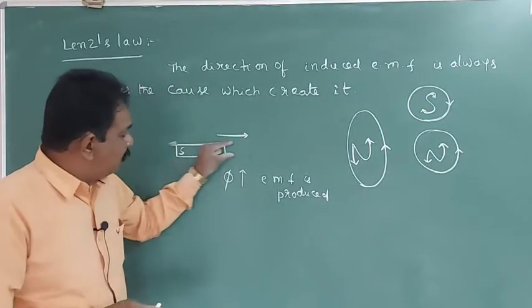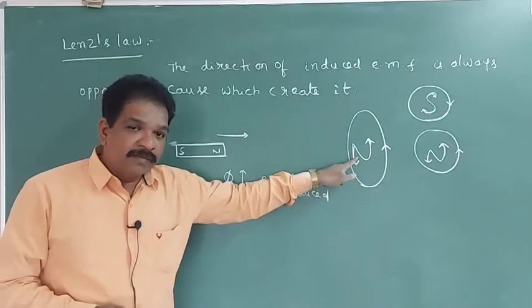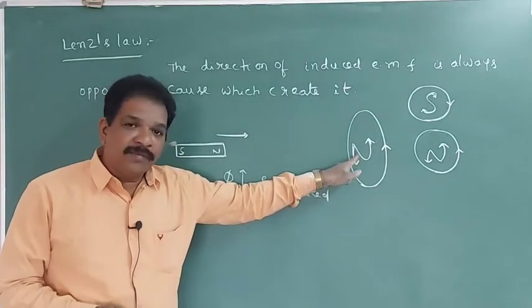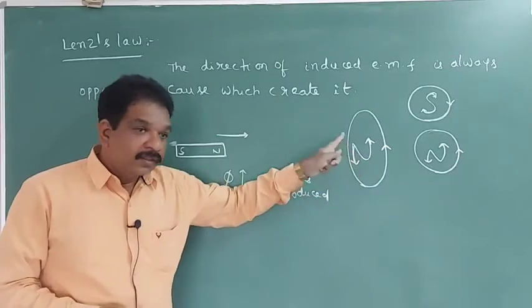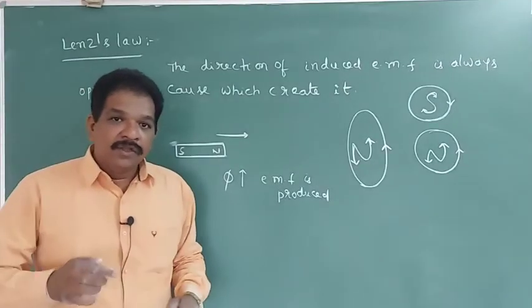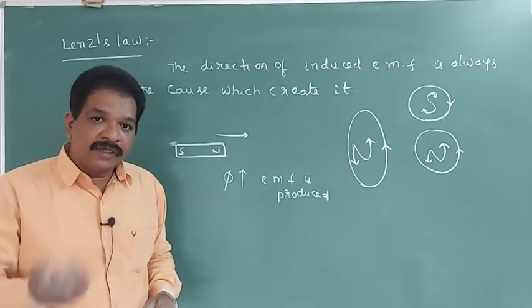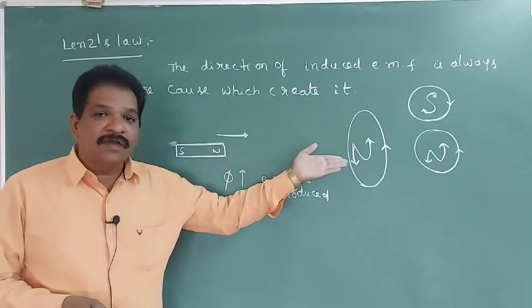Because of that EMF, this coil behaves as a magnet, and that magnet will oppose this magnet. Because of which reason is it created? Because of the increase in the flux.